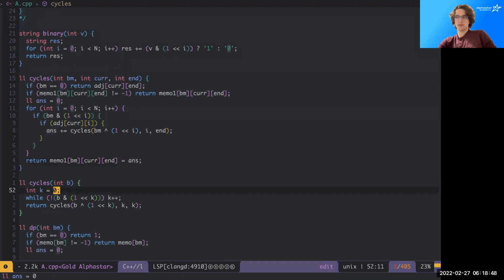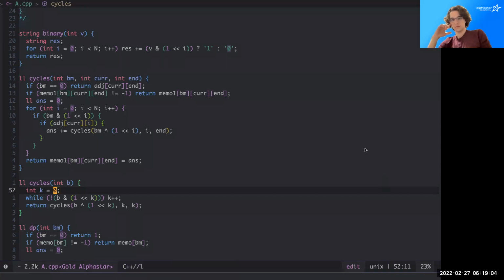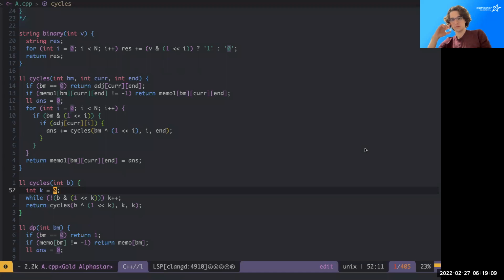Maybe there's a way to speed up this cycle. I don't know. You can obviously do things like check if they're in the same strong component as their opponent. We could see whether, but these are only heuristics. So it's not going to work.